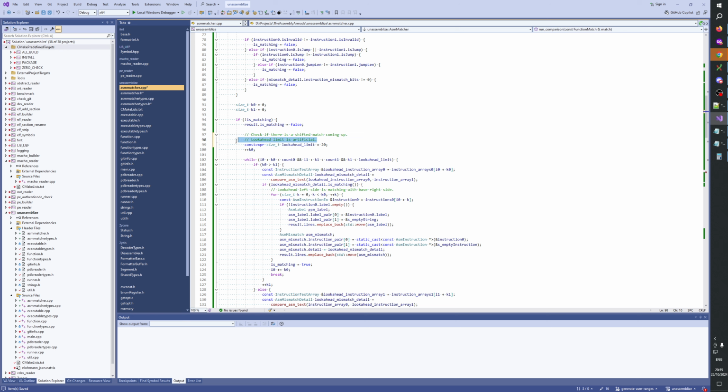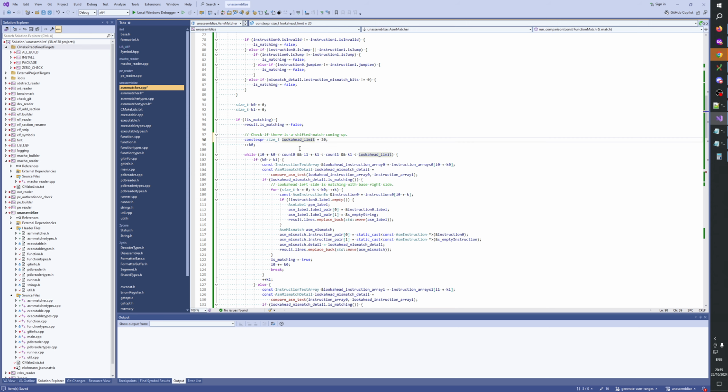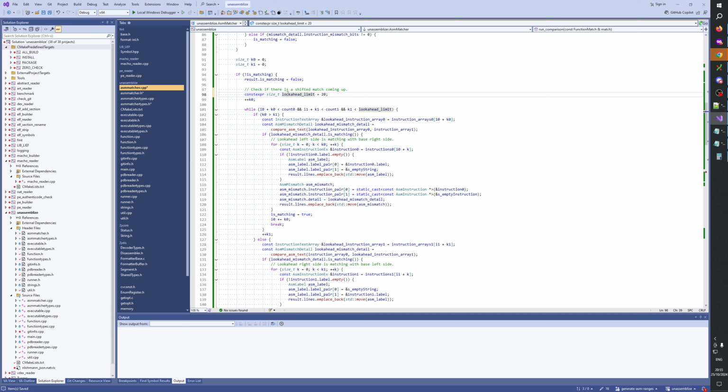Well, I don't know how to describe it. Okay, let's go with 20 for now. So quite a lot of instructions. Okay, so while I plus K0 is smaller than the count 0 and I1 plus I2 is smaller than count 1, have a look ahead limits.